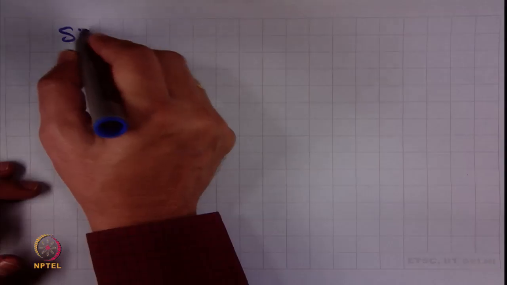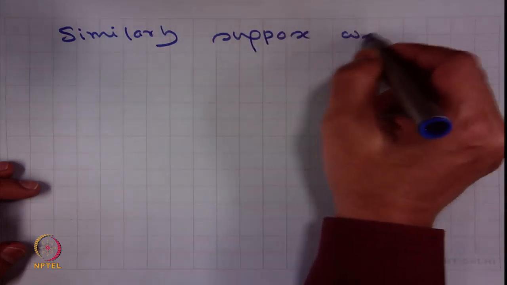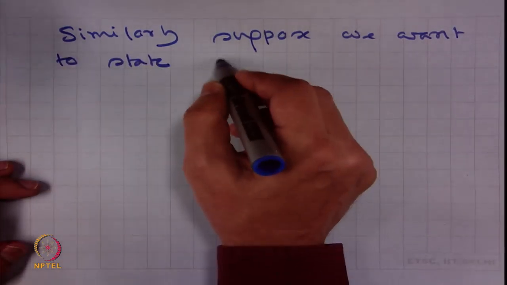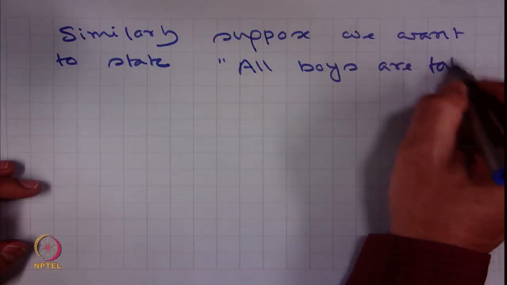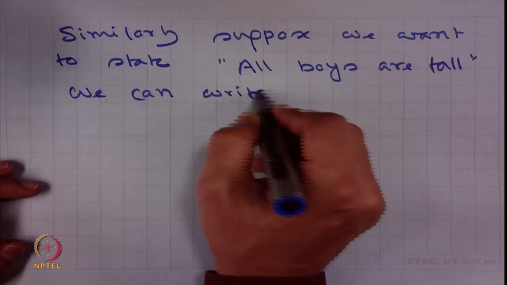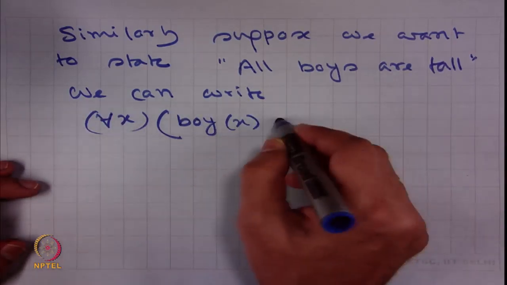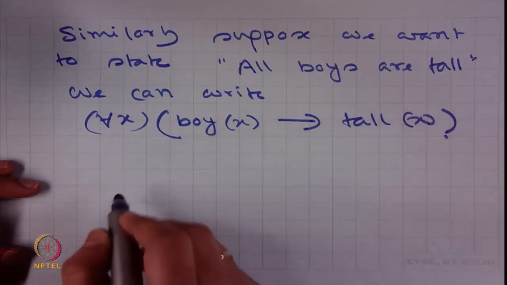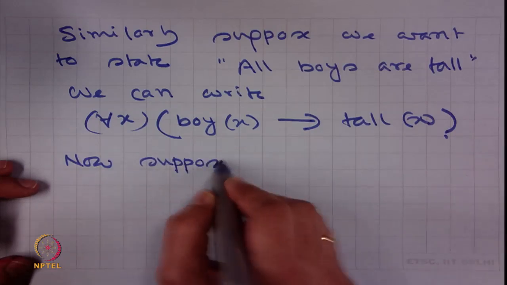Similarly, suppose we want to state all boys are tall, we can write for all x, boy x implies tall x. Now, suppose this is not true.